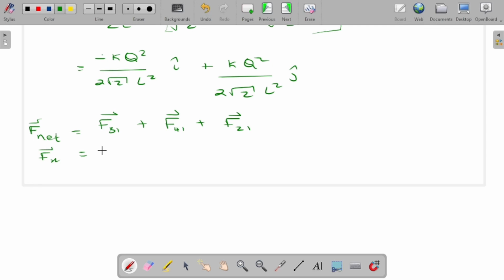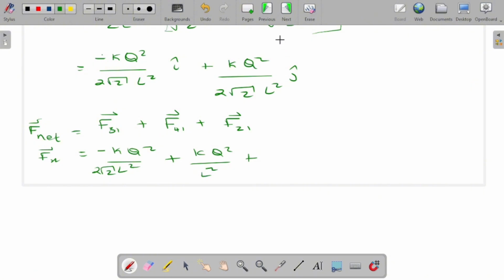I added KQ squared over L squared plus KQ squared over root 2, 2L squared. And then I took out KQ squared over L squared as the common factor, and then I put in a bracket 1 plus 2 over root 2.